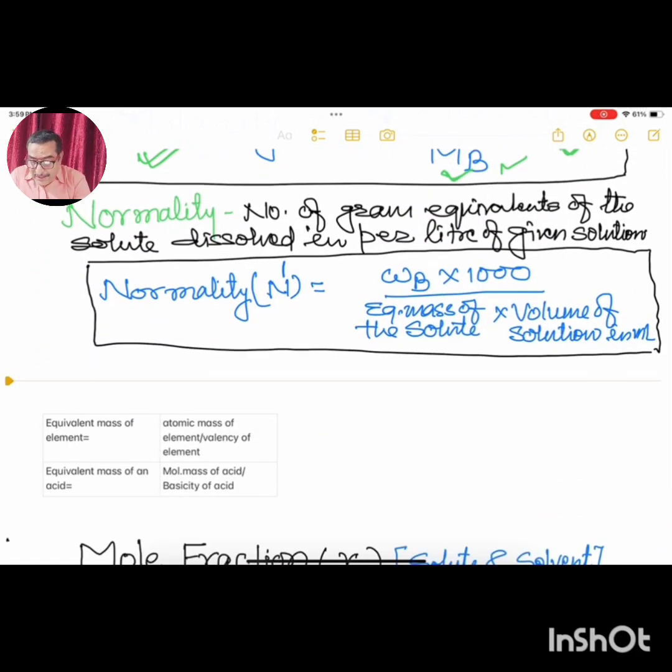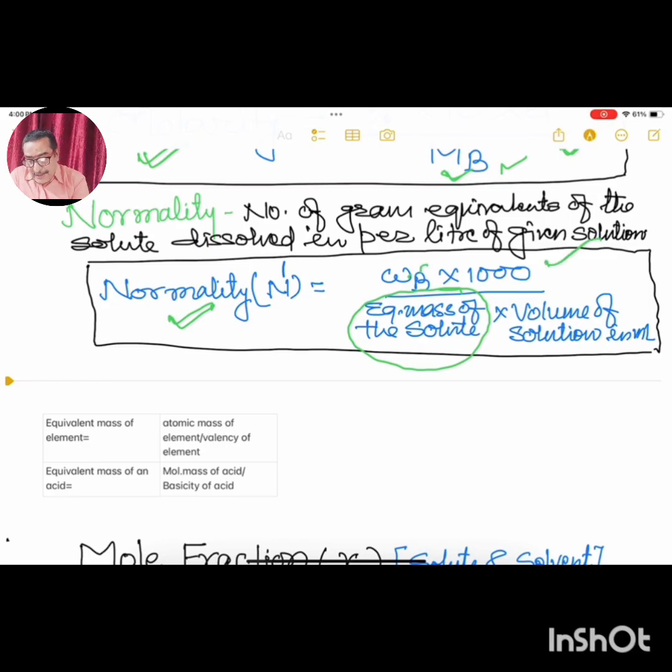Normality is not in our syllabus, but I mention it here for your knowledge. The only difference is that we use the equivalent mass of the solute in place of molar mass to know the normality.